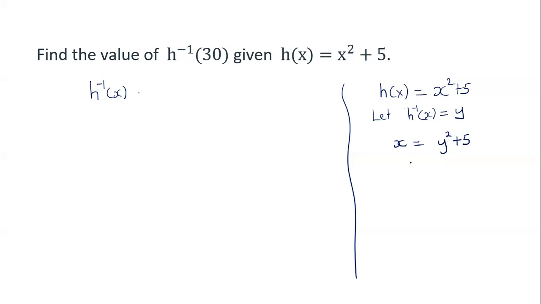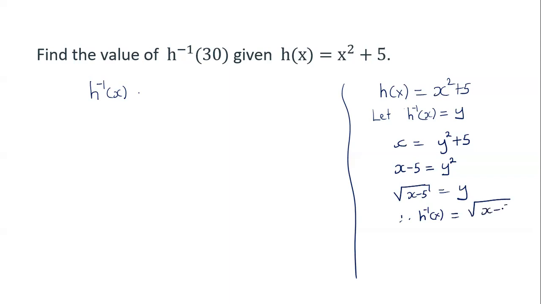You eliminate the 5 from the other side, so you subtract on the other side. x minus 5 is equal to y squared. Then to eliminate the square, we have to find the square root, so you take the square root on both sides. So y is equal to the square root of x minus 5.